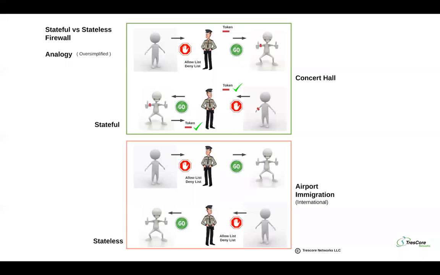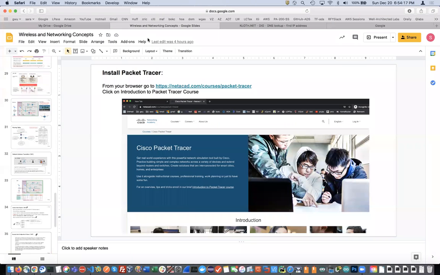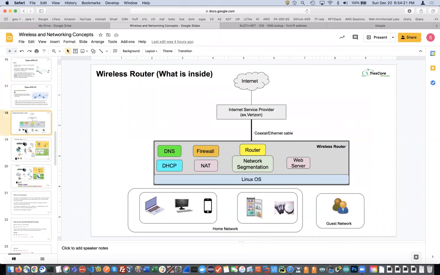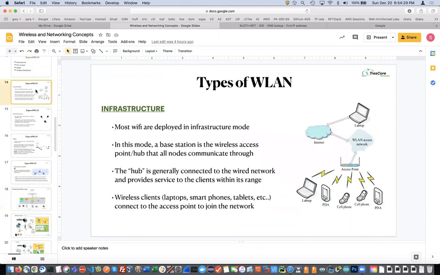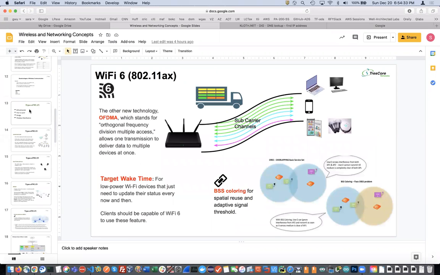Okay, so a wireless router does all these things in that small tiny box, and it's interesting that they could pack this much technology, apart from the antenna and all the other cool things that it does.